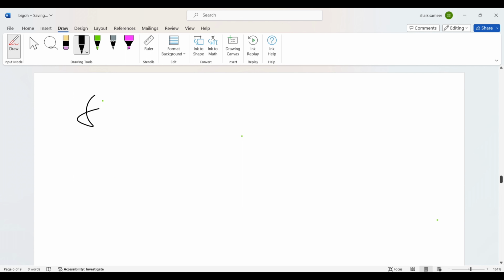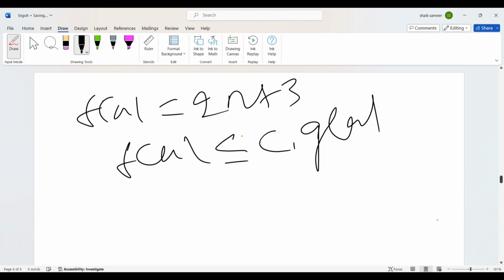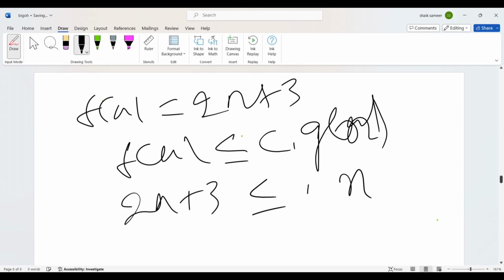I take f of n equals 2n plus 3. From the notation, we got f of n less than or equal to c into g of n. If you don't know, please watch the Bigoh notation video once again. F of n is 2n plus 3, less than or equal to c into g of n, where g of n is n.